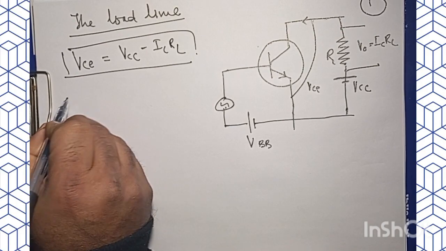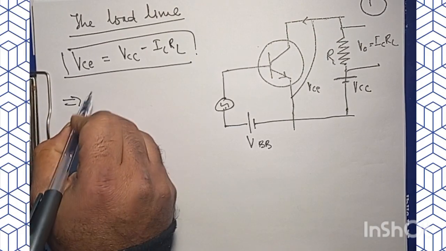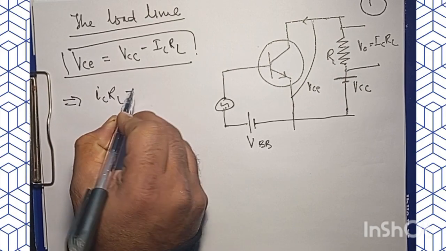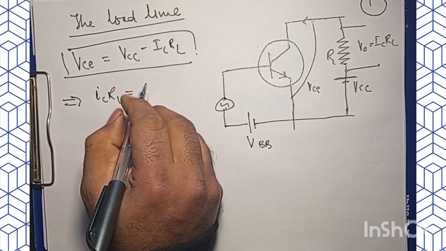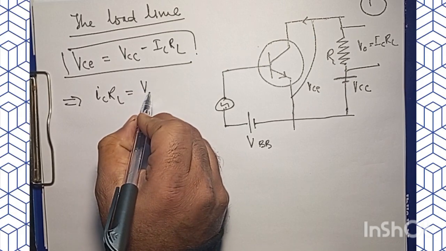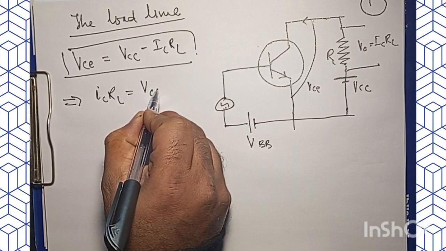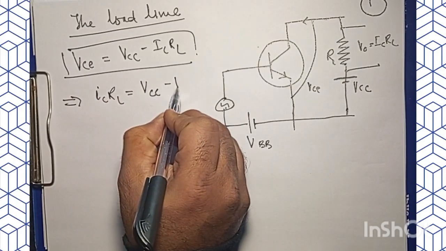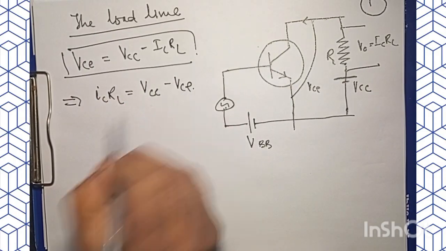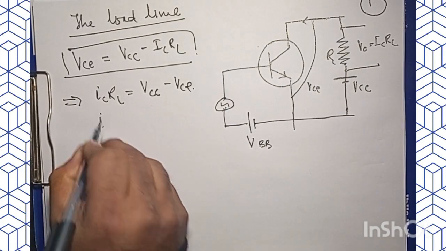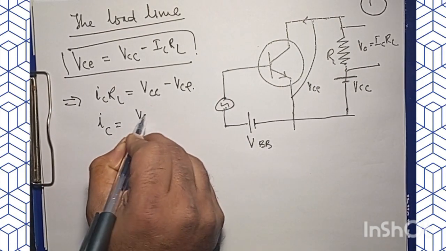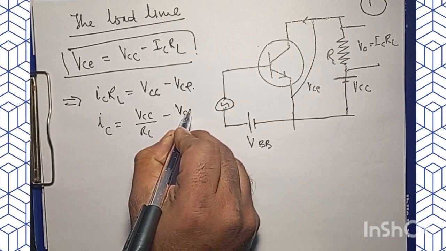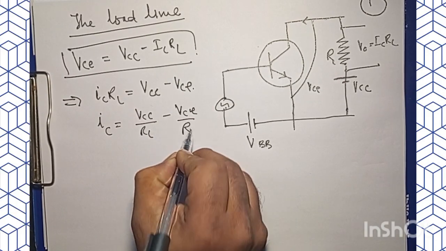And if I want to have IC from this equation, ICRL will be VCC minus VCE. So for IC, I have VCC by RL minus VCE by RL.